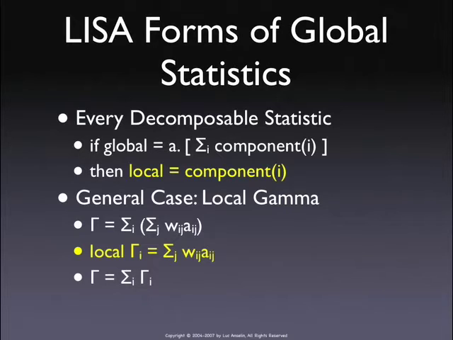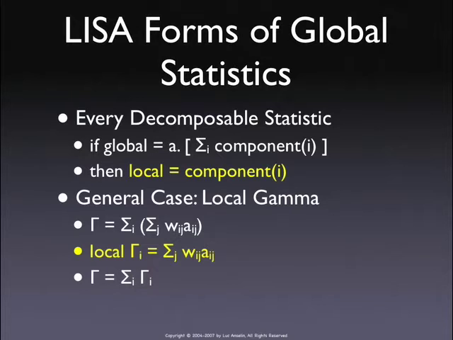These two are the same: each individual gamma i adds up to the global gamma statistic. So this is the most straightforward case, where there is simple additivity and no rescaling needed at all. We just compute this statistic for each location, add them up, and then have the global statistic.